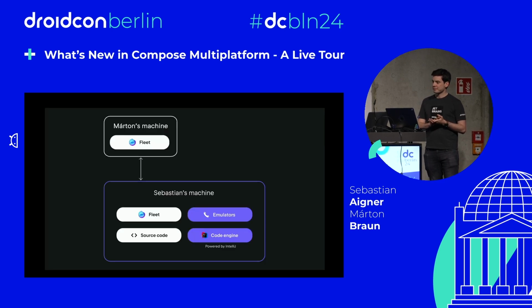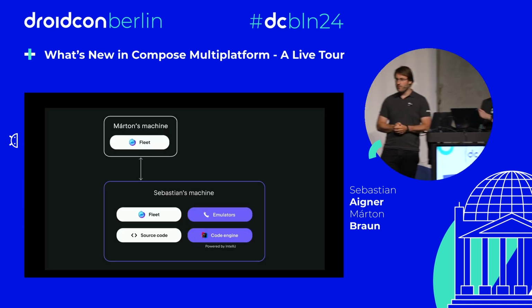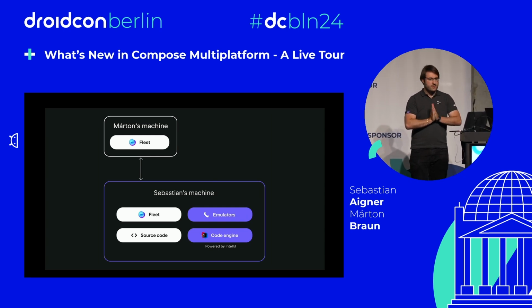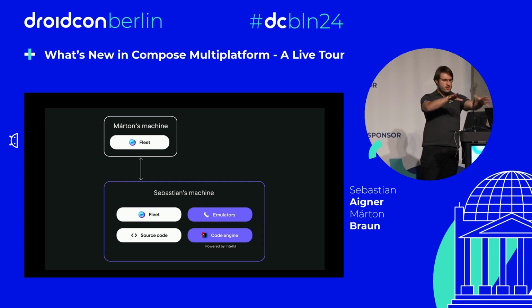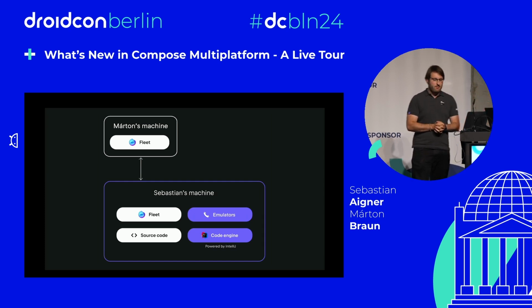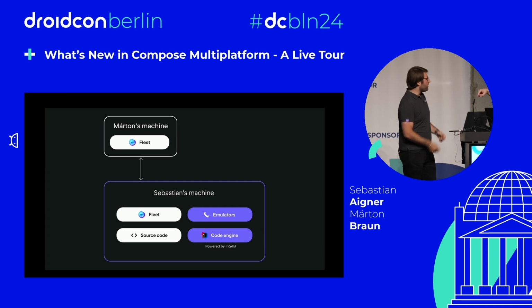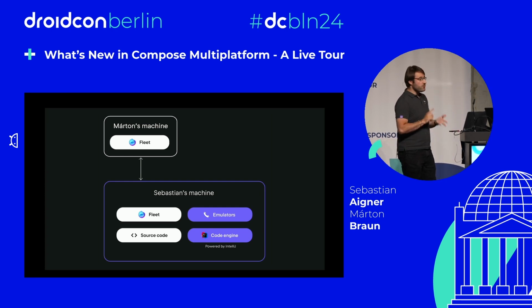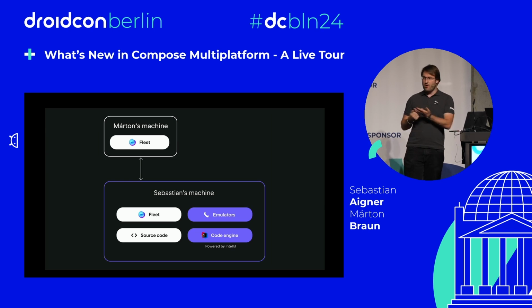Cool, what a delight. Well, with that, we can actually start hopping over into Fleet with Kotlin Multiplatform tooling in a second, which is what we'll use today to build things. Just in case you're wondering why there's two laptops weirdly stacked here, we have a collaborative setup, which means you will be seeing my machine where Fleet runs, where all the emulators will be running, where the source code and the actual code intelligence will also run.